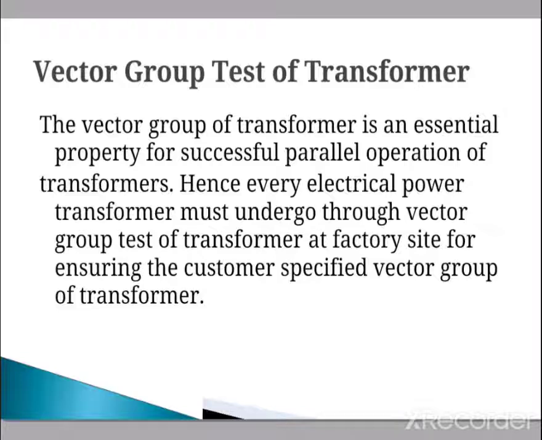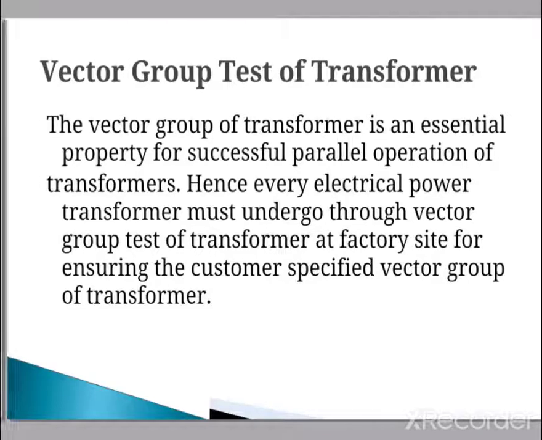We know that primary and secondary coils on any one limb have induced EMFs that are in time phase. Let us consider two transformers with the same number of primary turns and primary windings connected in star.